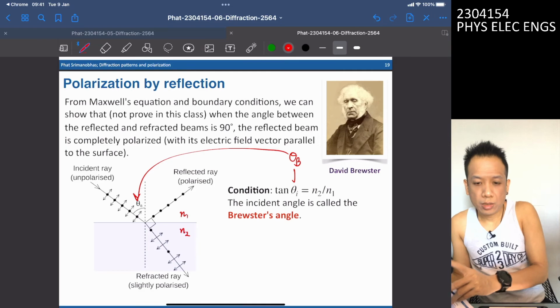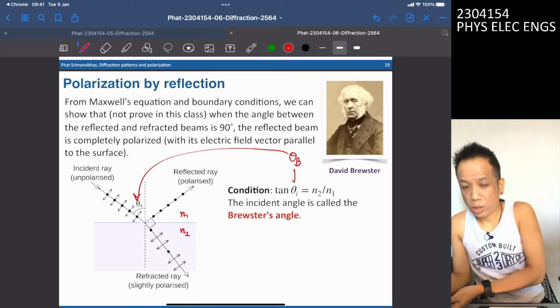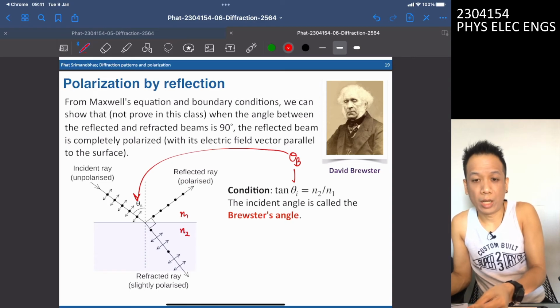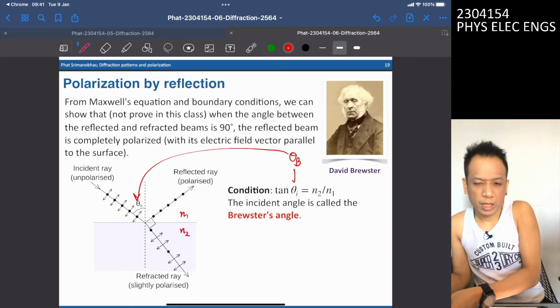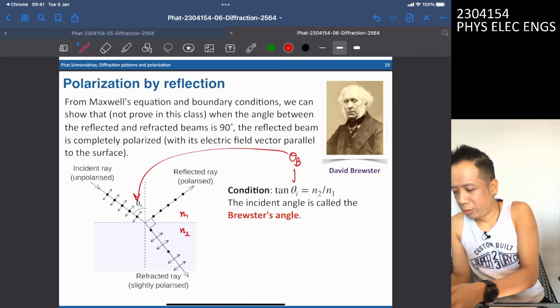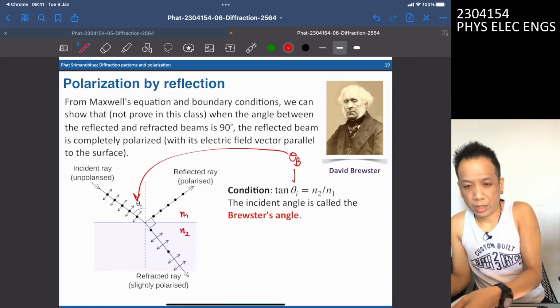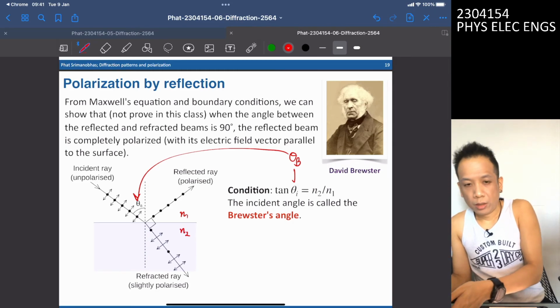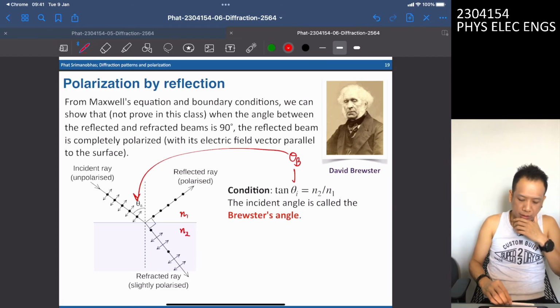So I think this is all for this short discussion about diffraction patterns and polarization. Actually, I should have included it in the first lecture, but sorry, I didn't make it in time.